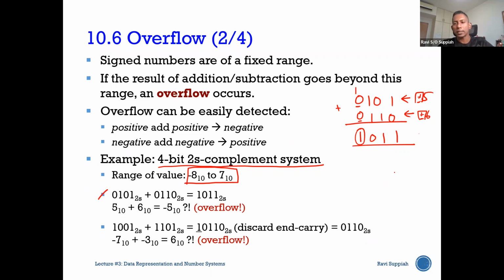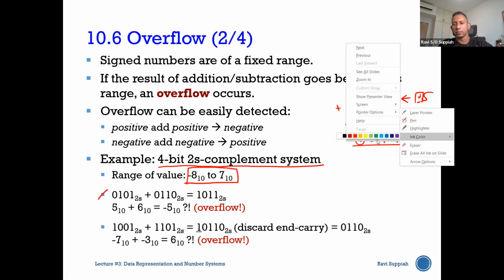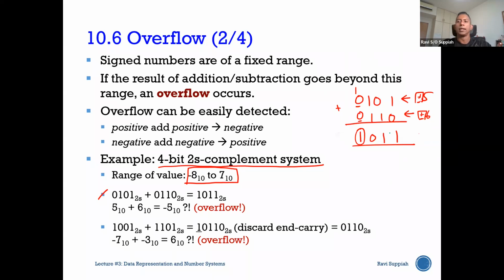The other check is whether the carry in and carry out of the most significant bit are different. How do I look at this check? Over here is the carry in. This is the most significant bit. What was the carry in? 1 plus 1 is 0, carry 1, correct?